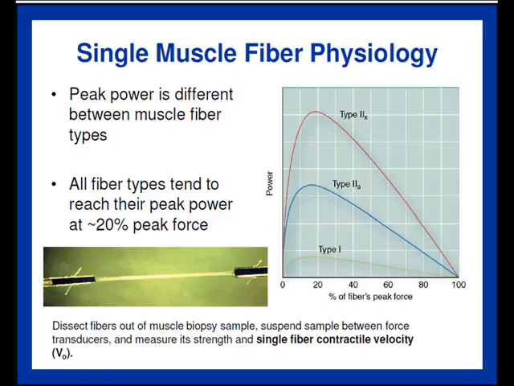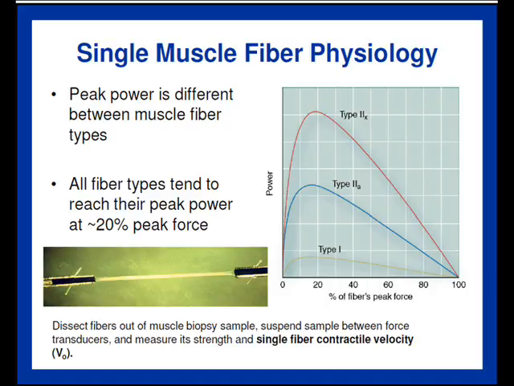What else can we do with our muscle? Well, we can also look at single muscle fiber physiology. It takes a lot of expensive equipment to do this, but we can dissect out muscle fibers and determine their peak force. As you'd expect, peak power is different between muscle fibers. So peak power is obviously going to be higher in type 2X compared to type 2A compared with type 1.